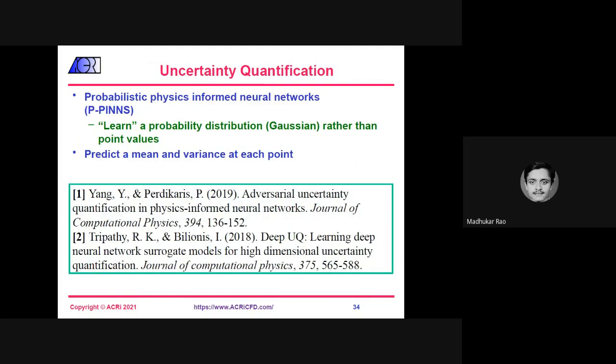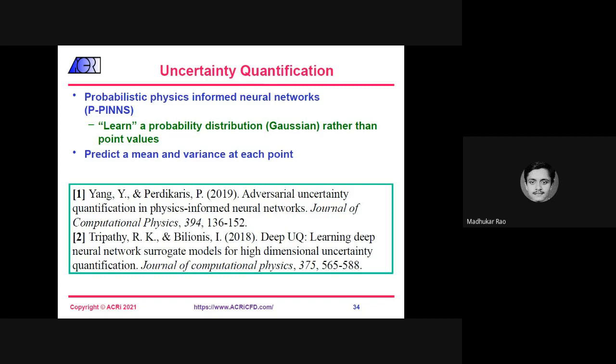A very interesting approach, and I hope somebody will be interested in this, is instead of predicting a deterministic value, or one single value of U, V, W, P at a given point, can I predict a probability distribution rather than just a value? So can I predict a mean and a variance at each point? Then I can also do uncertainty quantification along with the actual deterministic prediction.